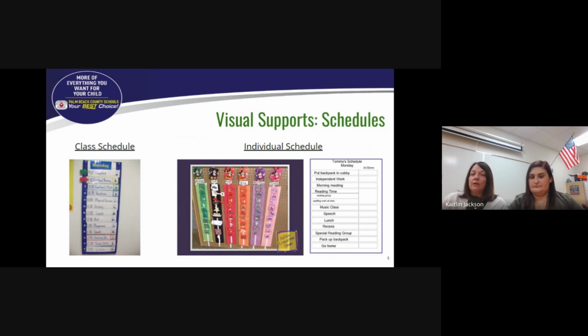The one with all the colors is seen a lot in primary classrooms. Each student has a color and each student's schedule is there with their picture. They get told, go look at your schedule or go check your schedule. They go and pick the next thing. And the thing next to that is a written schedule, probably for a student's desk, of a student's daily schedule.